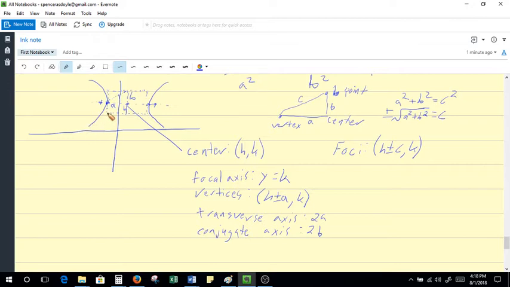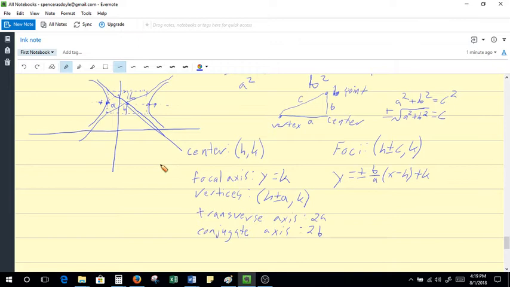So if I drew, I mean it's obviously not to scale, but if I drew this through the corners, I create the asymptotes. So that is what b and a are creating, this little rectangle right here. The actual formulas for the asymptotes in this case would be y equals plus or minus b over a, x minus h, plus k.